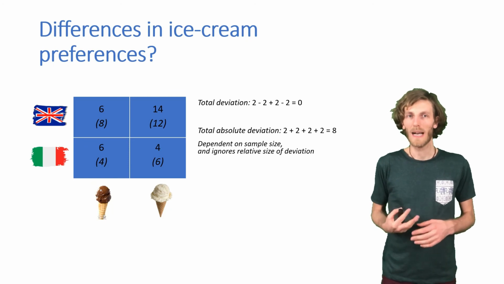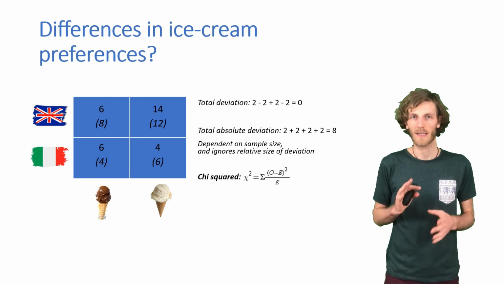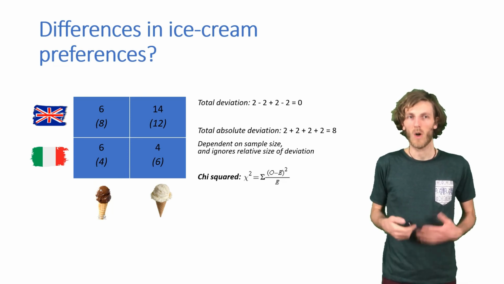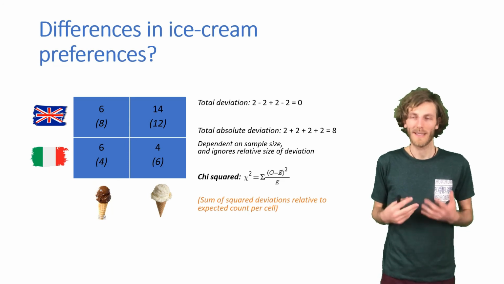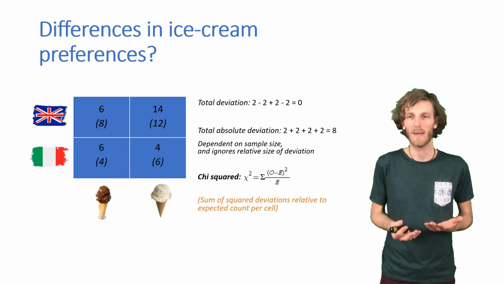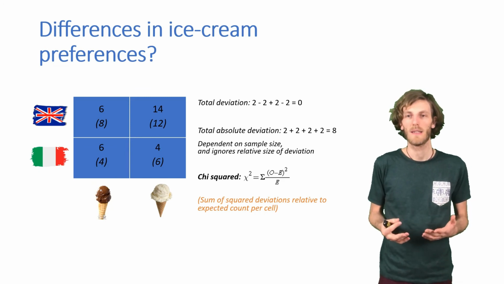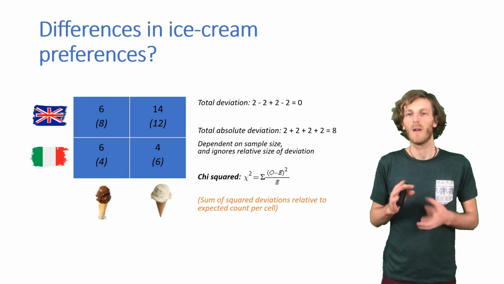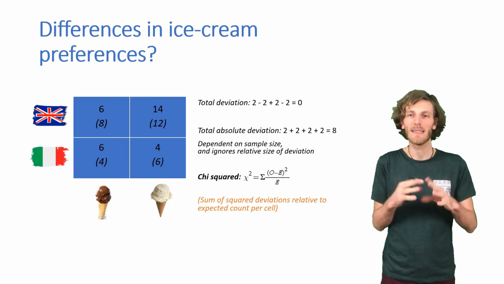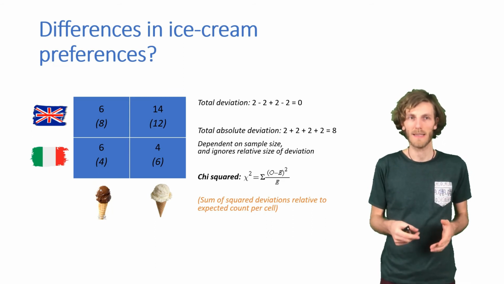So to overcome this, we have the chi-squared statistic that actually looks rather complicated in this formula. But basically, all that we're doing is we're taking the difference in each cell, we're squaring it to get a positive number, and then we are dividing it by the expected count to roughly get a size of the difference in relation to what we expected in that particular cell.